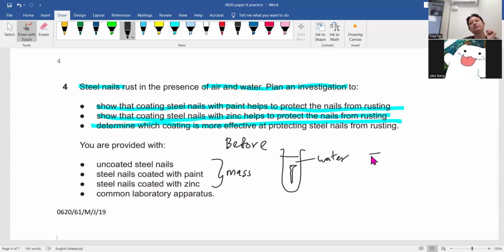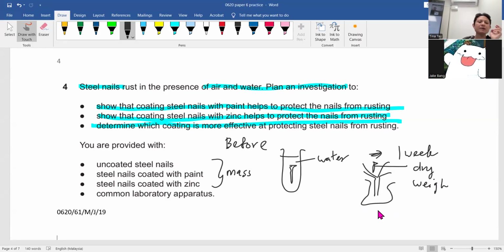And then how long do you leave it? Please don't leave for 30 minutes. Leave for 1 week, okay? Then you filter or you just remove the nails. And then you must dry with filter paper and then weigh again, okay? The one that has the highest mass rusted the most. The one that did not change so much did not rust. Can you understand? Okay.